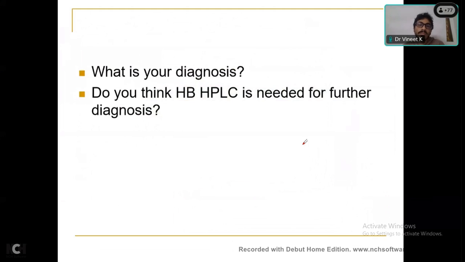Okay. Do you think HPLC is needed now? I think I would need it, ma'am, to ascertain whether it's a trait or a homozygous state. Very well. That is the kind of answer I was looking for.